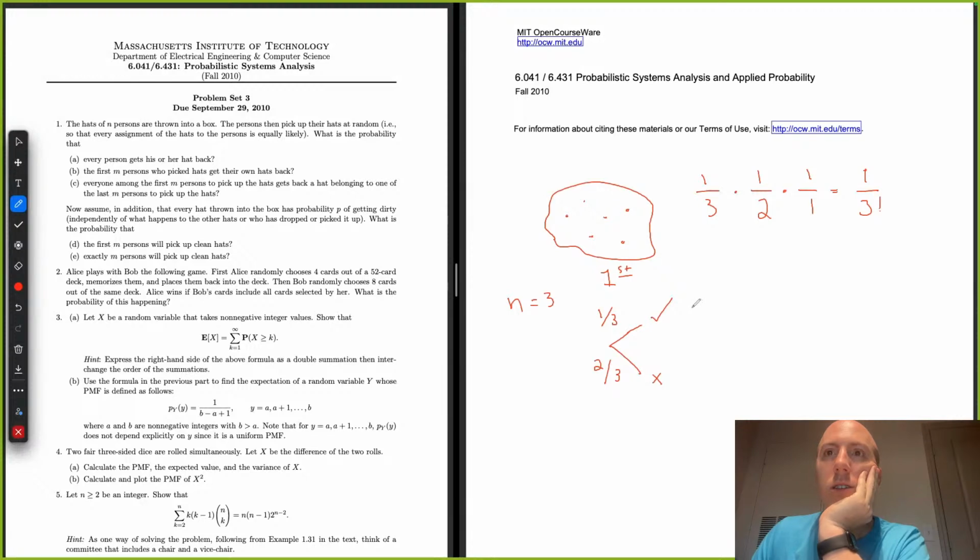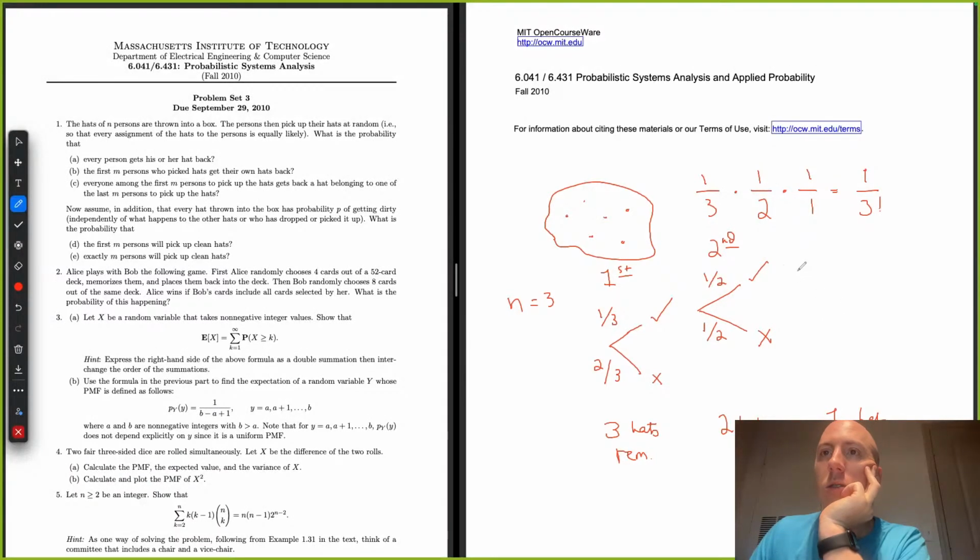The second person is going to have a 1/2 chance they get their hat back, and a 1/2 chance that they don't. This is the good branch, this is the bad branch. This is the second person. Maybe down here we can say there's 3 hats, and down here there's 2 hats remaining. And now there's only 1 hat remaining.